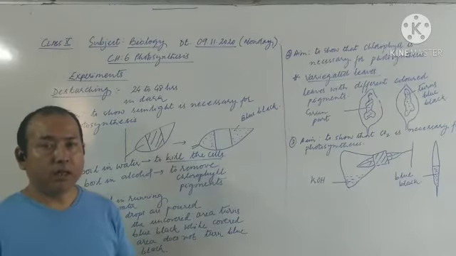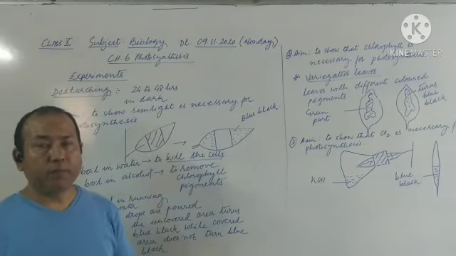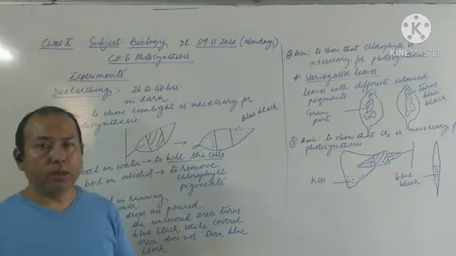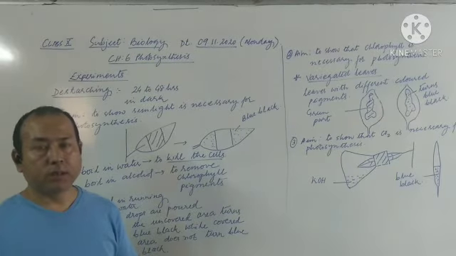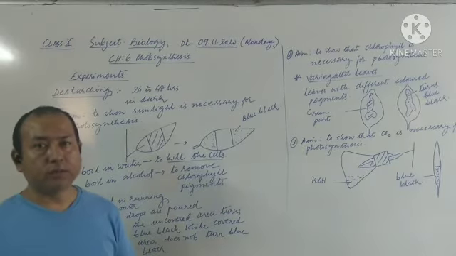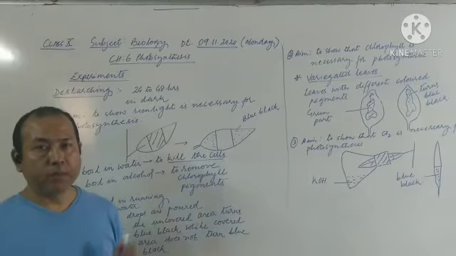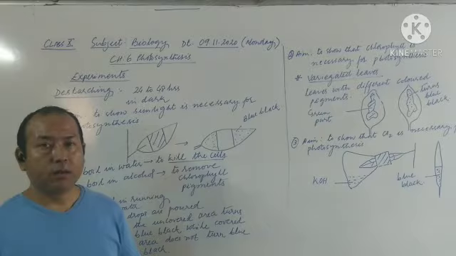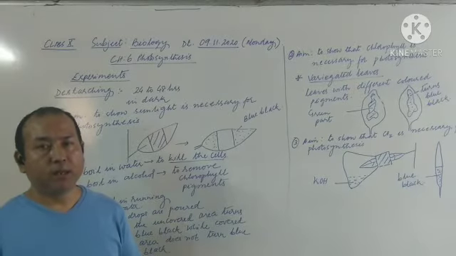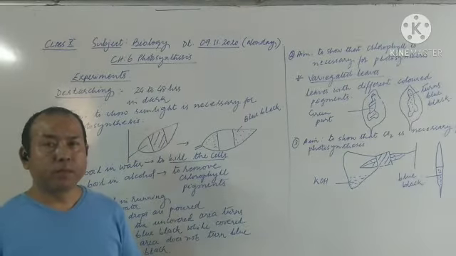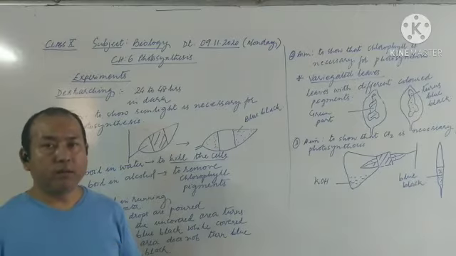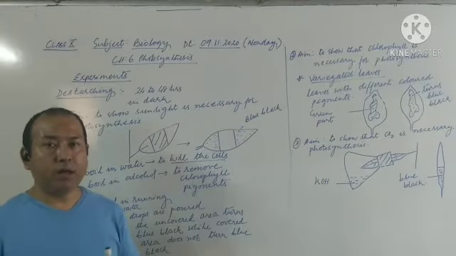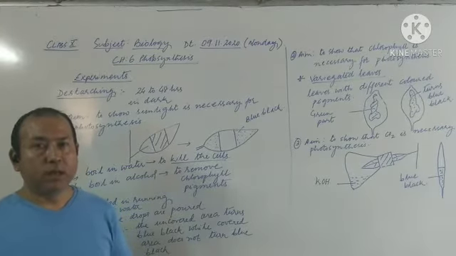Now before starting the experiment, first we need to clear a few terms, like discharging. It has been asked in the examination also once, what is meant by discharging. So discharging is mostly done in the experiments related to photosynthesis.